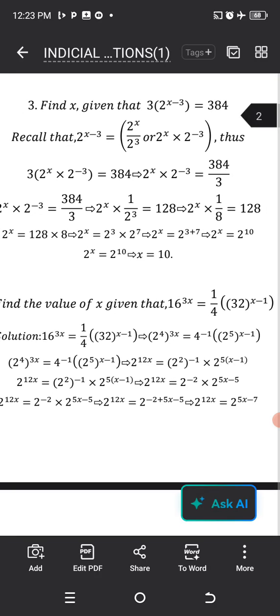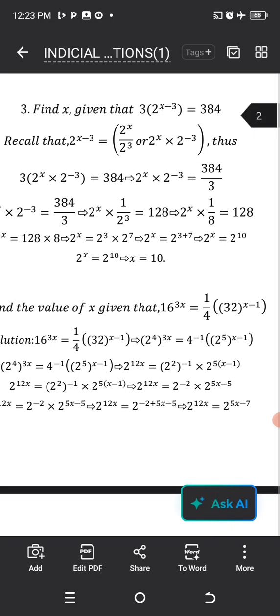I've simplified it. I've broken some necessary things down there so that you don't need to think, how is this being gotten? No. Everything is well explained. So recall that 2 raised to power x minus 3 actually equals what? You can have it in two expressions. You see that what? 2 raised to power x all over 2 raised to power 3, or what? 2 raised to power x multiplied by 2 raised to power minus 3.